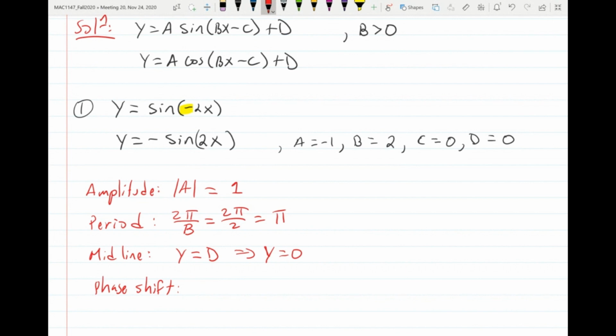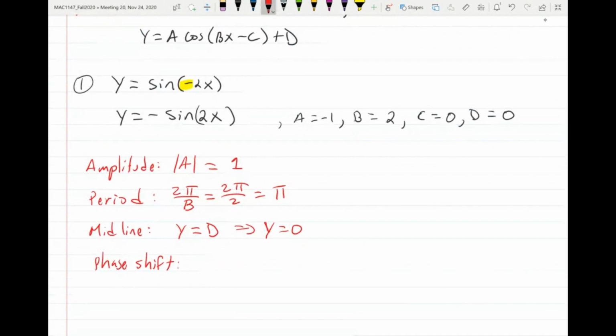And the phase shift, what was the formula for the phase shift? So that's going to be equal to, anybody? Remember, it was c over b, right? Remember, midline has to do with any vertical transformation that we're doing to the picture. Phase shift has to do with any horizontal transformations that we're doing to the picture.